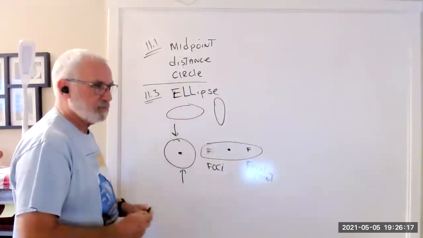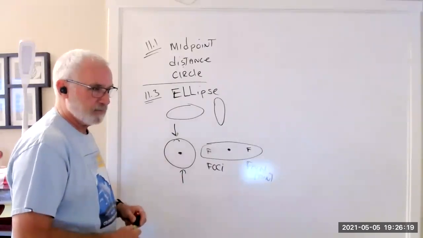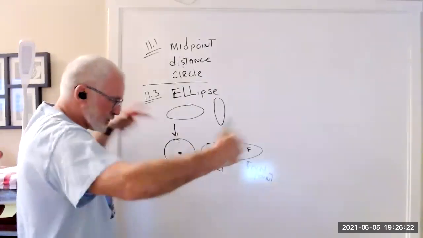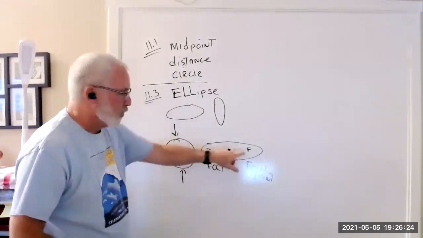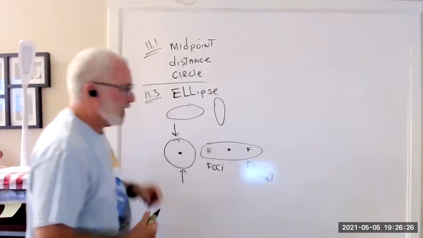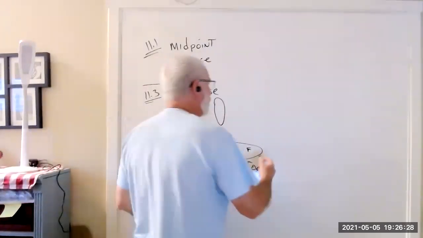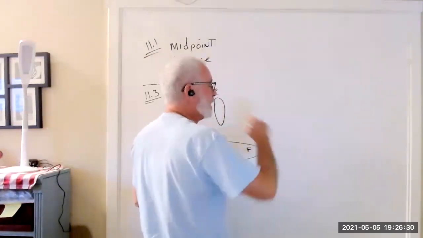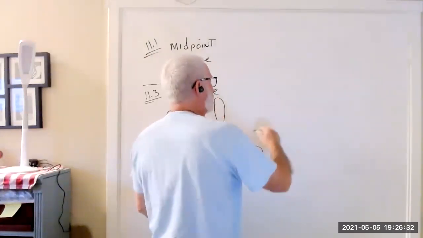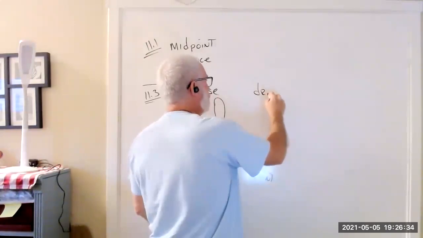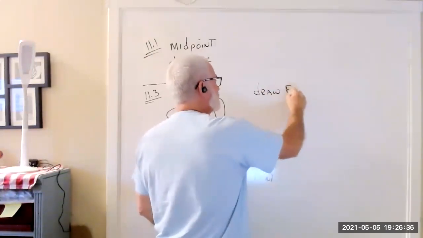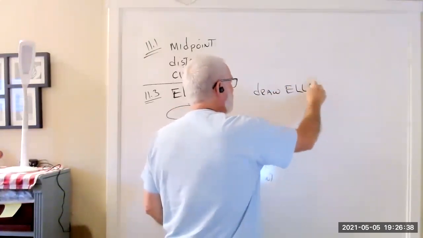But it's important that you know that the center gets split into two focal points. If you have a chance over the weekend, look up how to draw an ellipse. It's really kind of fun.